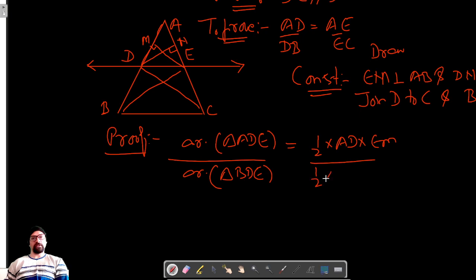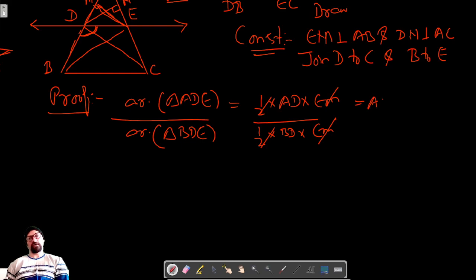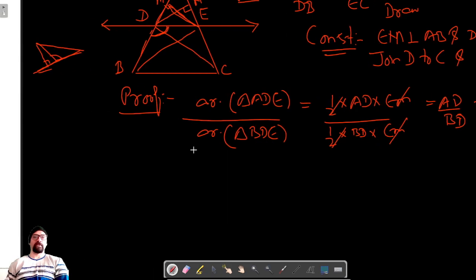For triangle BDE, if I take base BD, triangle BDE is an obtuse angle triangle, so its height is outside, perpendicular to the side when produced. So it is obtuse at D, and its height is EM, which is outside the triangle. So this is also EM. So EM and half get cancelled, and now it's equal to AD by BD. Let's say this is our first equation.